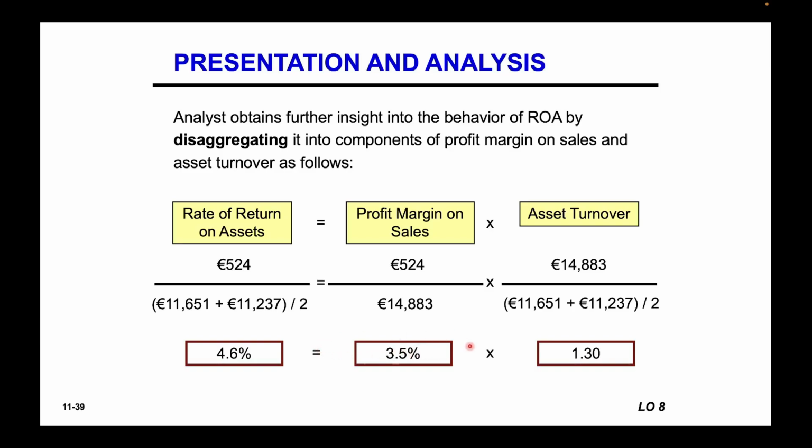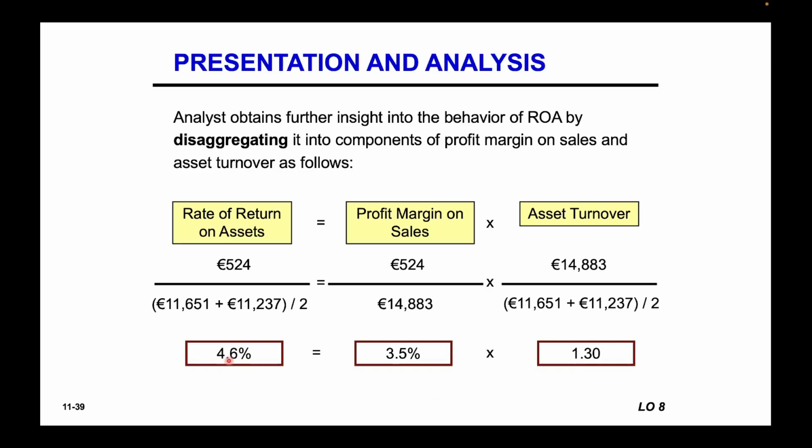Now, by multiplying these two components, we will obtain the overall ROA. So this 3.5% times 1.3 gives us 4.6% of ROA.